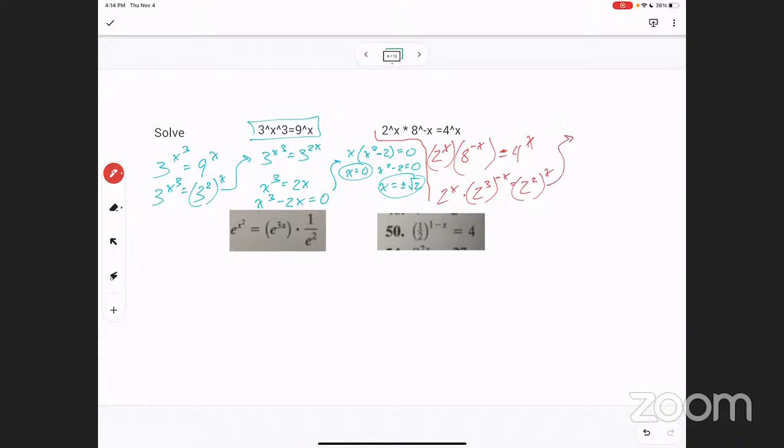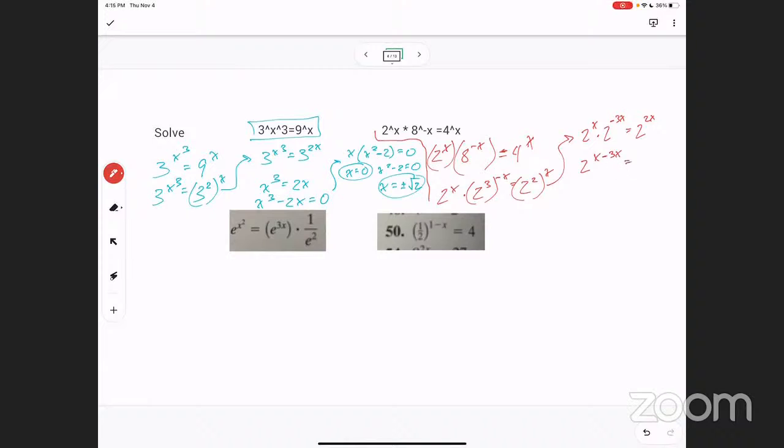Good? So this means I have 2 to the x times 2, remember I can multiply those, to the negative 3x equals 2 to the 2x. What do I do with these exponents? You add them. Good. So 2 to the x minus, adding is subtracting, right? You're really adding those together, plus a negative 3x is minus 3x.